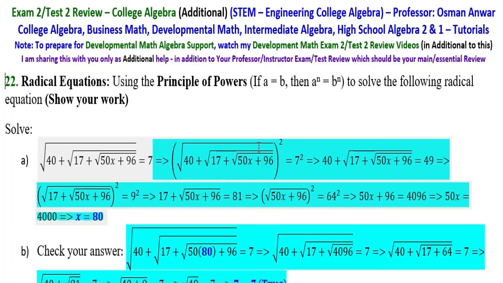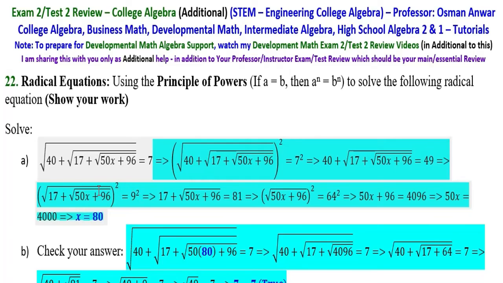Then square both sides. Then square root of 17 plus square root of 50x plus 96 squared equals 9 squared. Then when you square both sides, the second square root comes out.